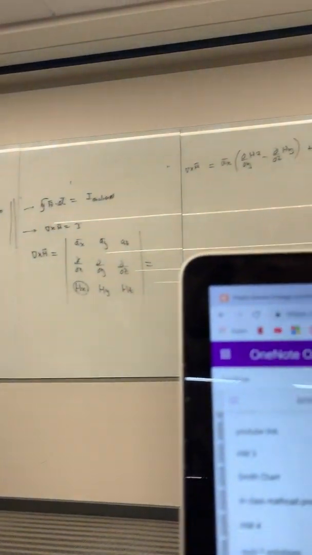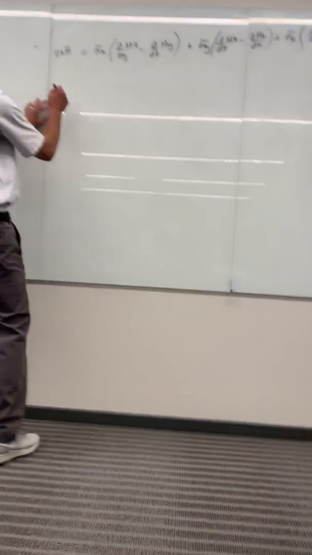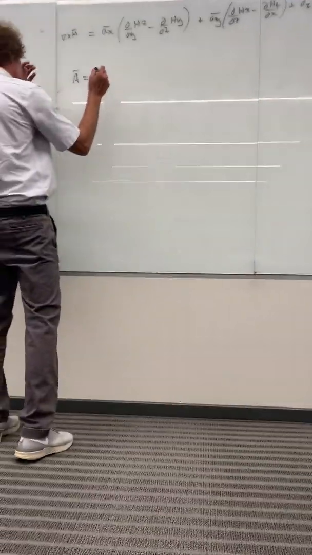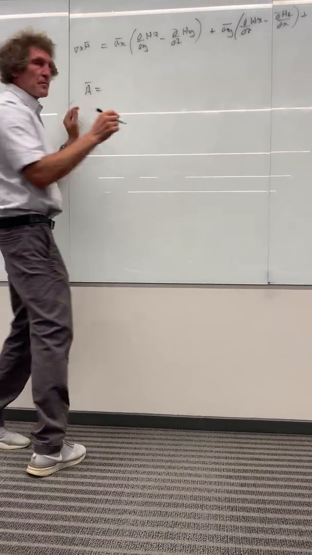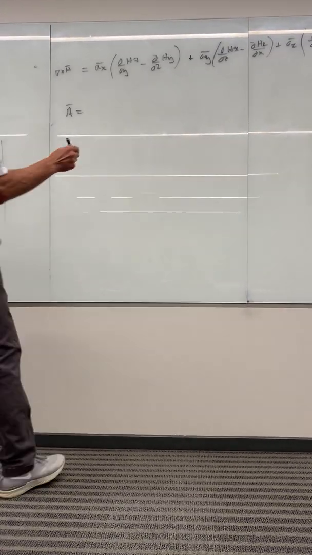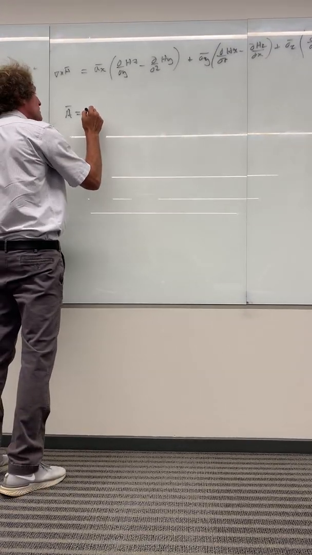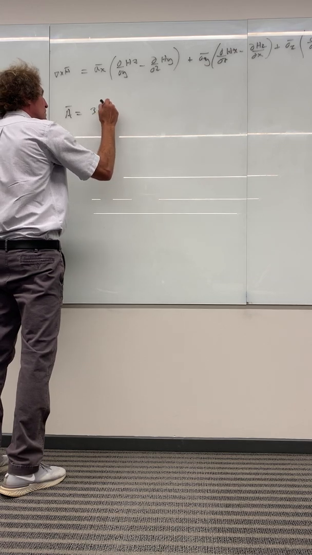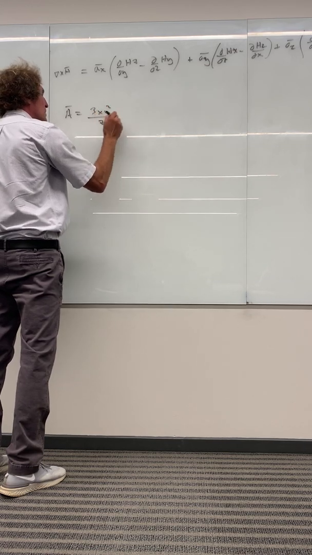Yeah, hey, can you read this one to me? Give me the Cartesian ones. A is equal to 3xy squared over z in the ax direction.